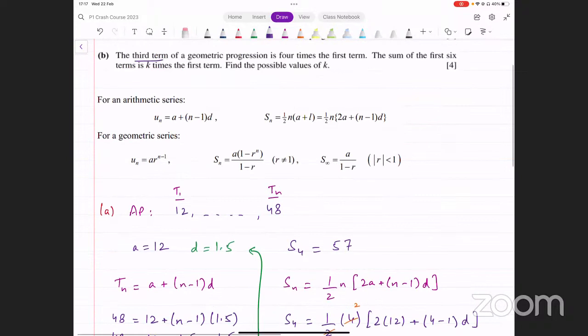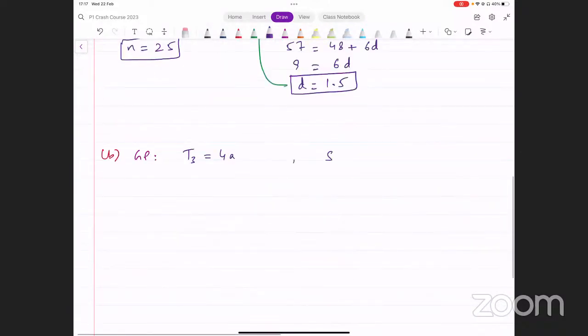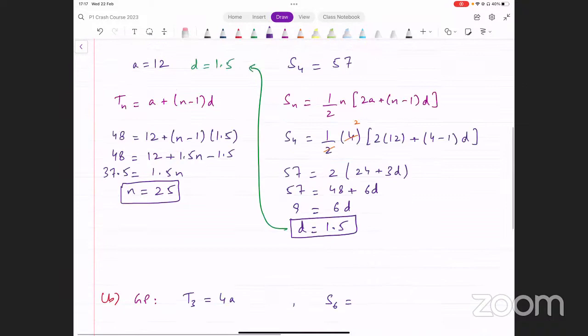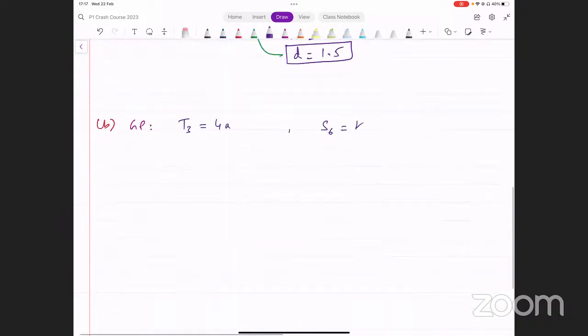Now, the sum of the first 6 terms is K times the first term. Sum of the first 6 terms. What does that mean? That means S6, sum of the first 6 terms, that is equal to K times the first term. The first term is A, so it's K times A like this. All right, we have 2 equations now.